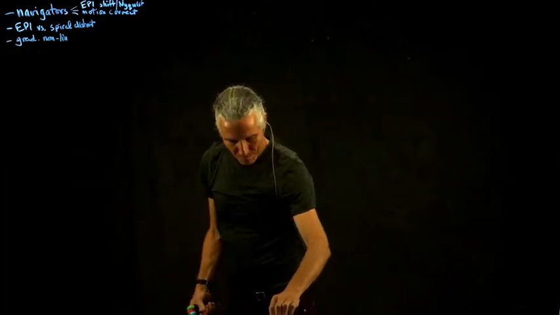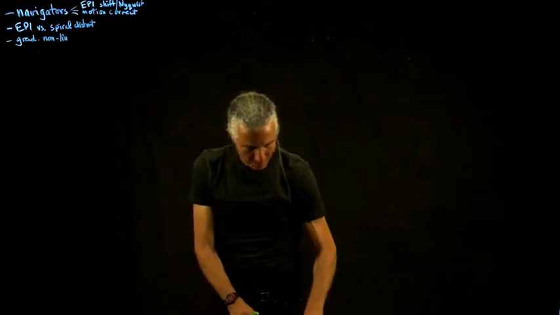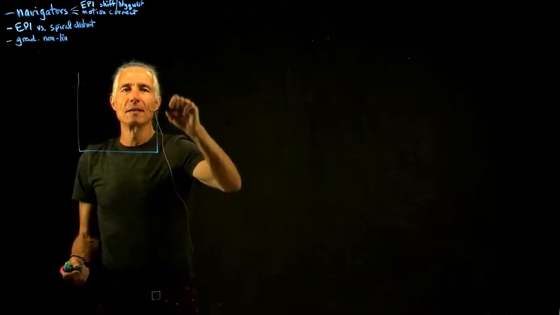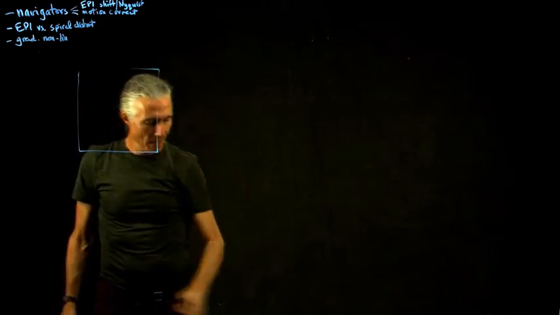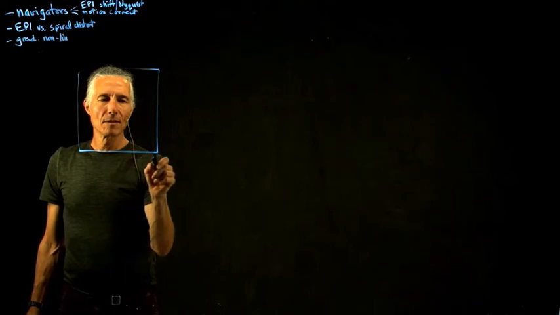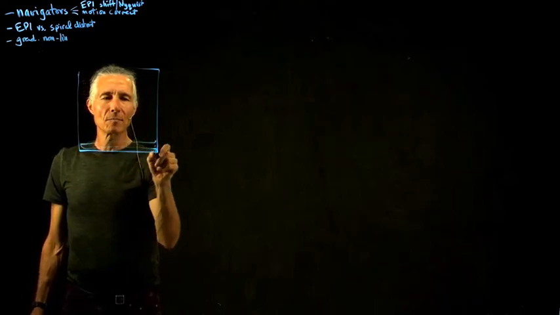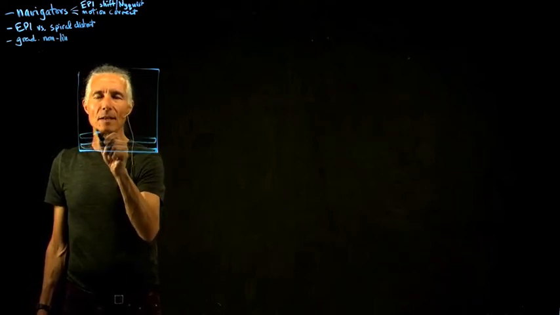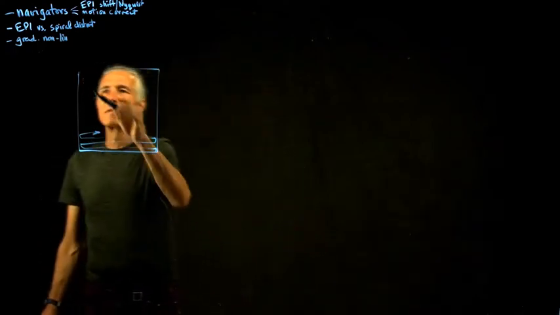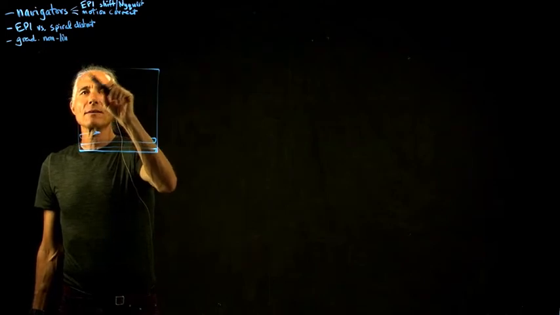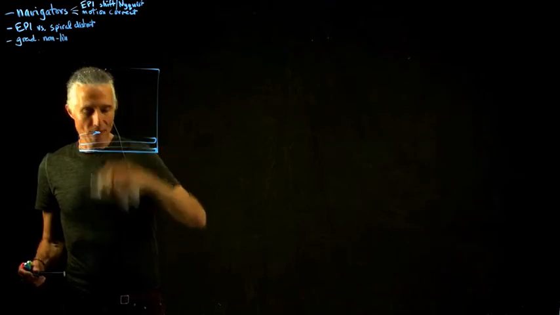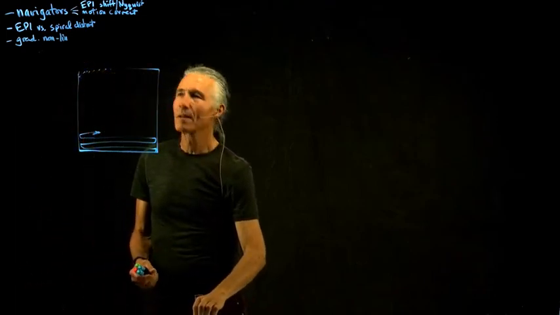So the problem with an EPI scan is that it's actually collected over time. So you go like this back and forth, etc. And what does that do? That gives time for more error to accumulate on the later parts of k-space, more phase error.